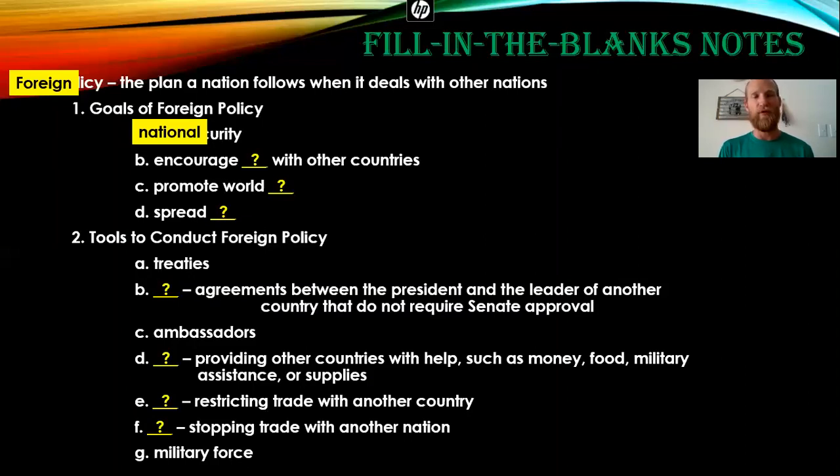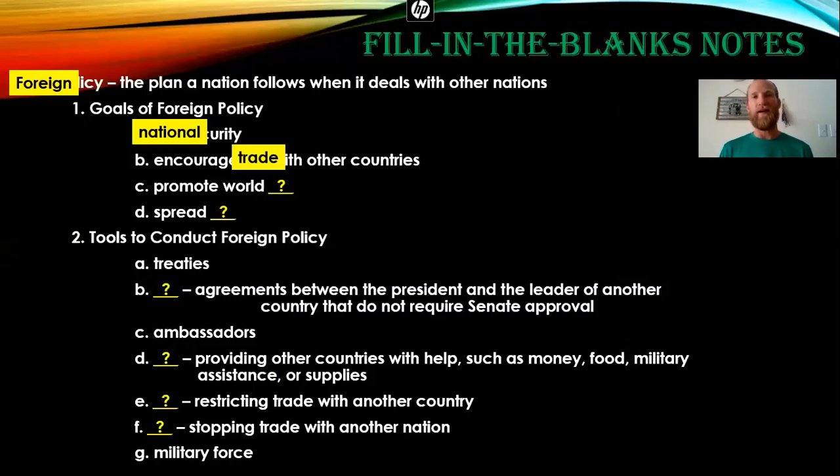The second goal of foreign policy in your homework packet was to encourage trade with other countries. Trade is the exchange of products or goods, and that helps to increase or bolster our economy here in our country. Our economy is the flow of money, the exchange of products, the buying and selling of goods and services.